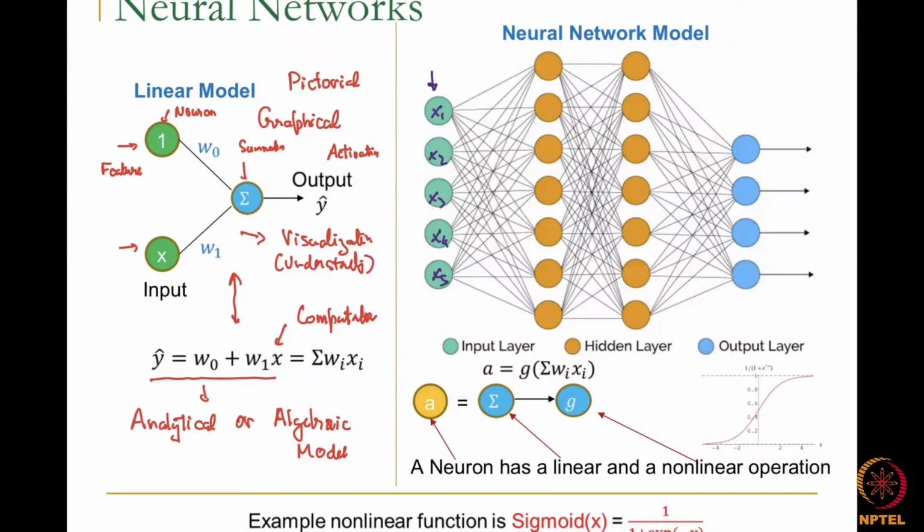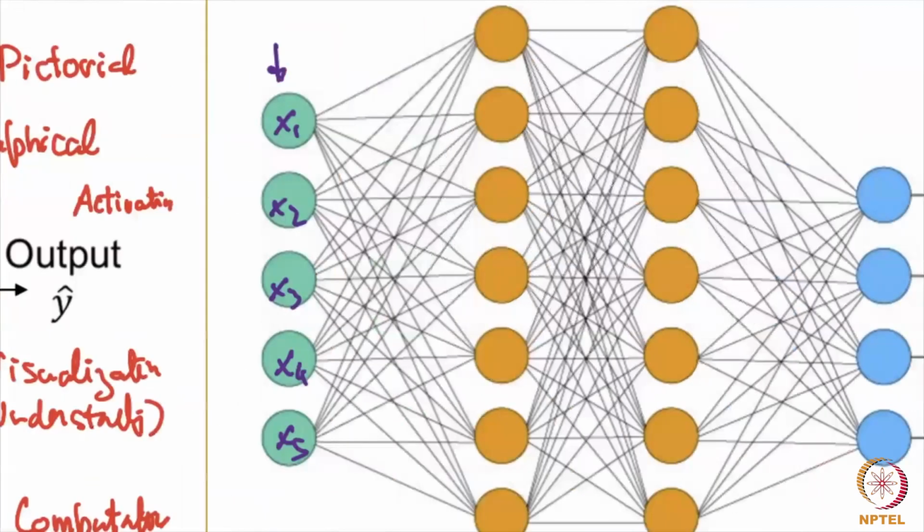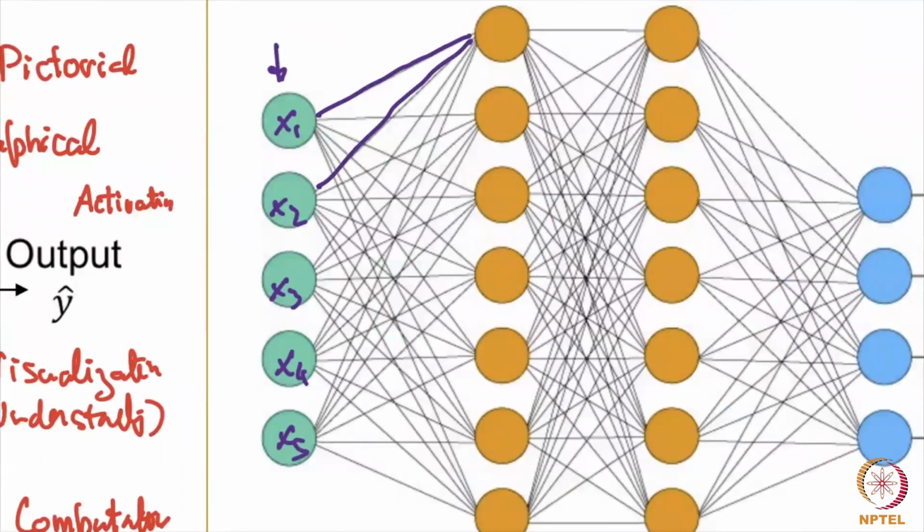Now, I can think of this region feeding into some neuron. What this neuron means, etc., we will discuss later. But for now, just think of a calculation where x1 is multiplied by w1, x2 is multiplied by w2, so on and so forth, and x5 is, let's say, multiplied by w5. Okay, this one.